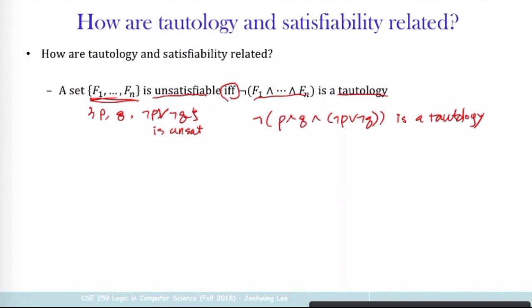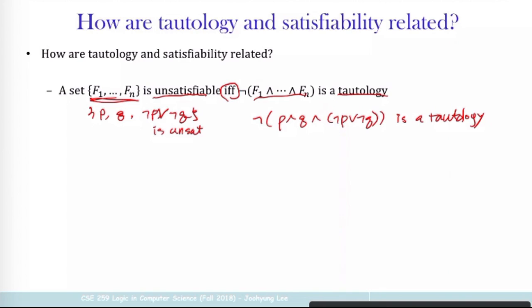I just use the definition. Unsatisfiability means that for any interpretation, there is at least one formula that is not satisfied. That means this conjunction is always false, which means that if you negate that conjunction, it becomes true for any interpretation.